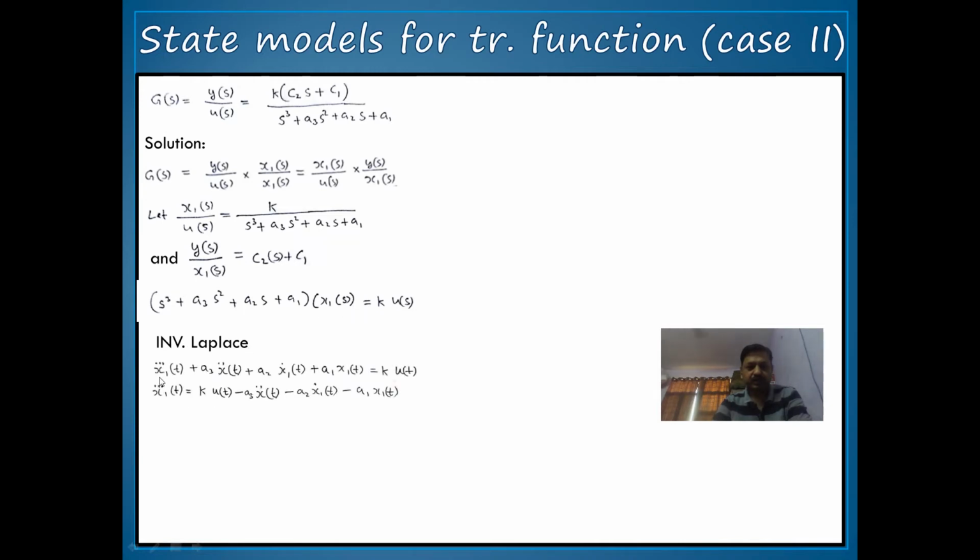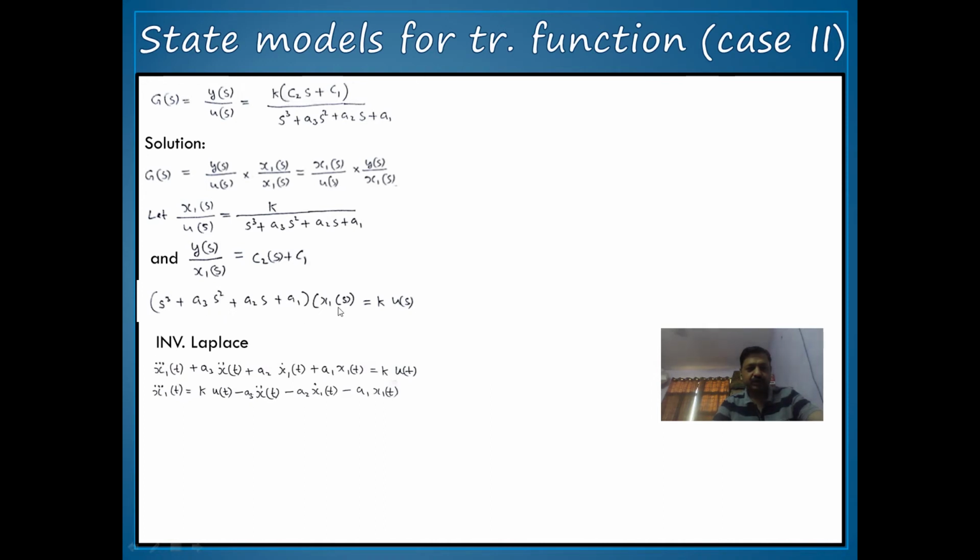In the inverse Laplace, s cube multiplied by X1(s), as there is a cube, becomes the third derivative of X1 with respect to time t, because we have converted the equation from the Laplace domain to the time domain. So in this equation you may see that this is the third derivative.